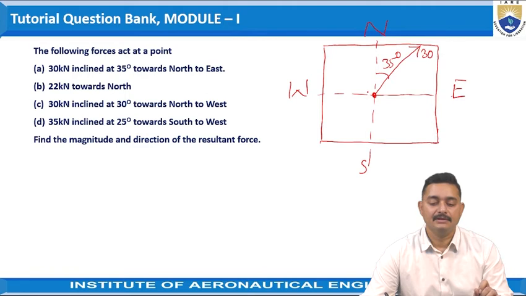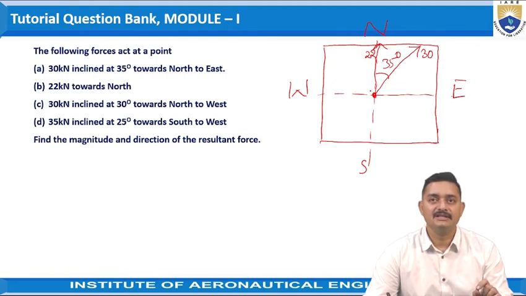Then the second point that is given is 22 kilonewtons acting towards north. So the force is acting towards north in this direction, that is 22 kilonewtons.